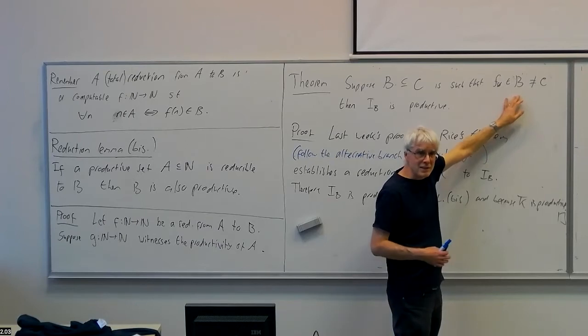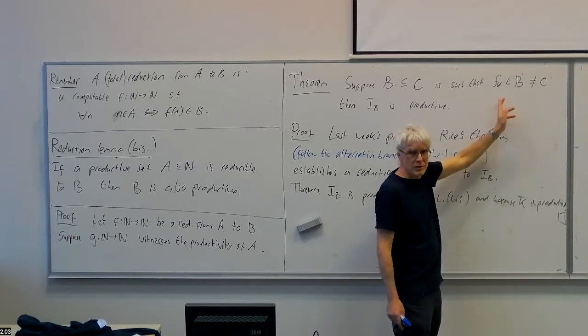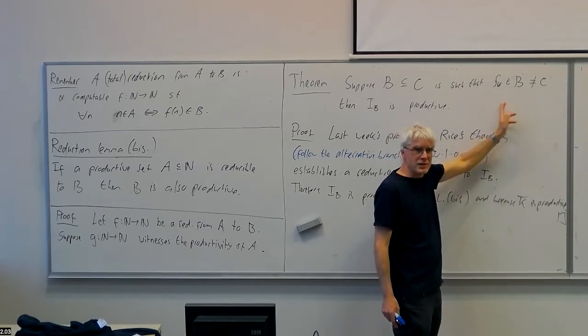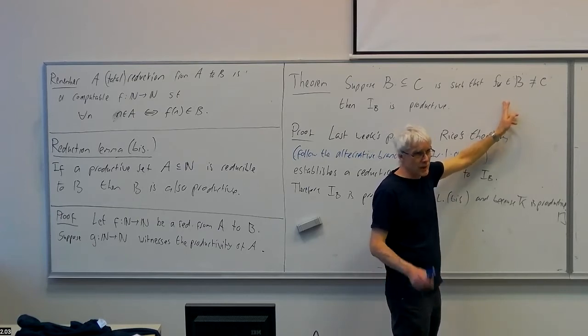And in fact, we could have verified that part, not the productivity, because that's new, but the part that it is not computably enumerable, that's a consequence of the Rice-Shapiro theorem.